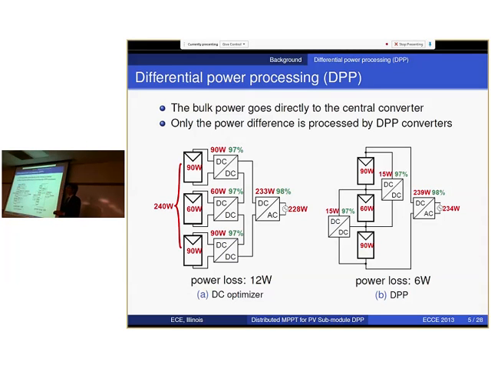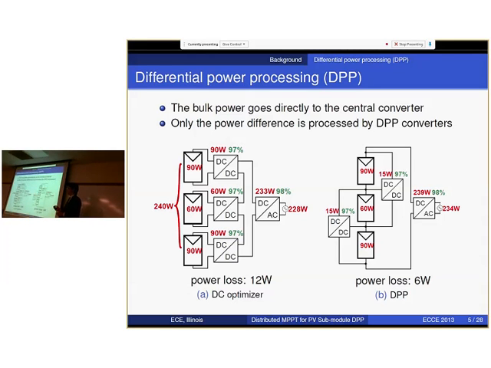So the bulk power generated by all the PV modules can go to the central inverter directly without any intermediate conversion, and the differential power processing converter only processes the power difference, which is typically a small portion of the whole power. In this way, because we are processing less power, the overall power losses can be reduced. In this example, the power losses of the entire system are cut by half.